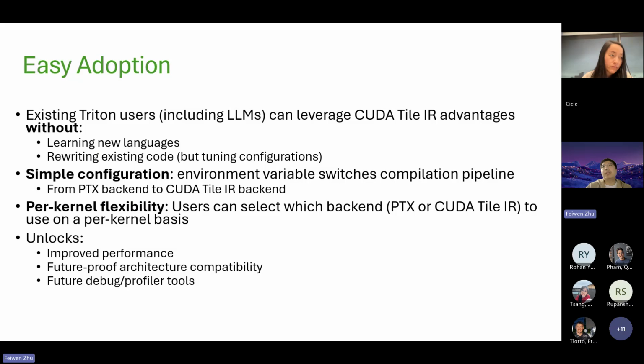Yeah. Currently we just use the environment variable to control it. We can add another API to switch, but right now we just use the environment variable to switch for a model.